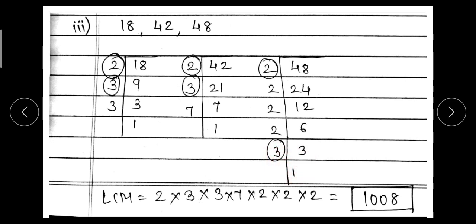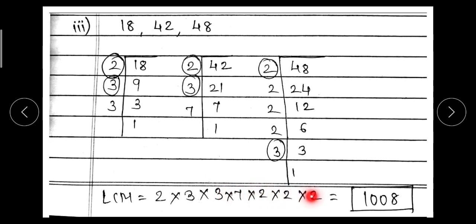Students, common factors are, see, I have encircled. Only 2 factors are common in this, that is 2 and 3. And these are all uncommon factors. So those uncommon factors also I have written. See my pointer.